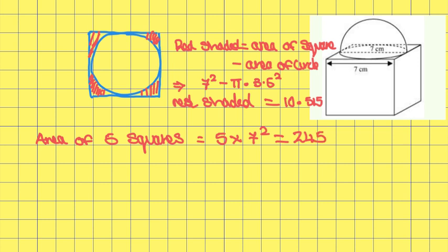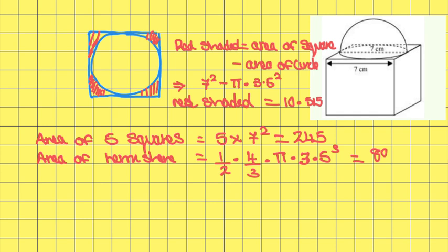Then we've got the area of the hemisphere, which is equal to a half times 4/3 times pi times 3.5 cubed, which equals 89.797.